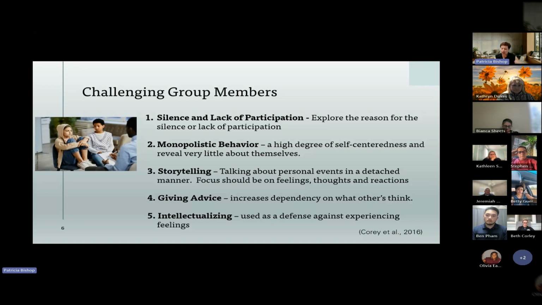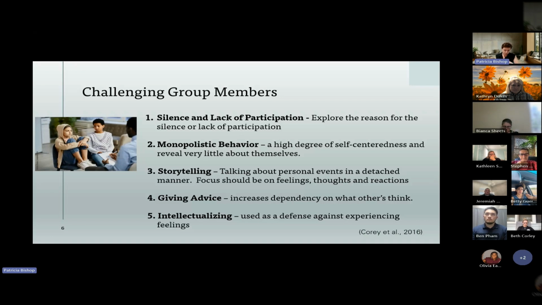And it can be counterproductive as opposed to healing and meaningful, because folks can tell a story and it can be helpful. Again, as the group leader, you need to be able to distinguish when it's more of a distraction, or we're just being entertained by this story, versus "I'm telling you something I've never told anyone, and I need to expose that secret, if you will, and bring it out into the light."